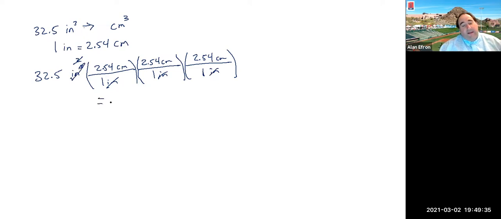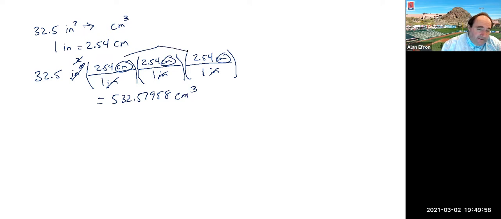And that means when I do this, I'm taking 32.5 times 2.54 times 2.54 times 2.54. And that gives me something like 532.57958 units left. Centimeters times centimeters times centimeters gives me cubic centimeters.